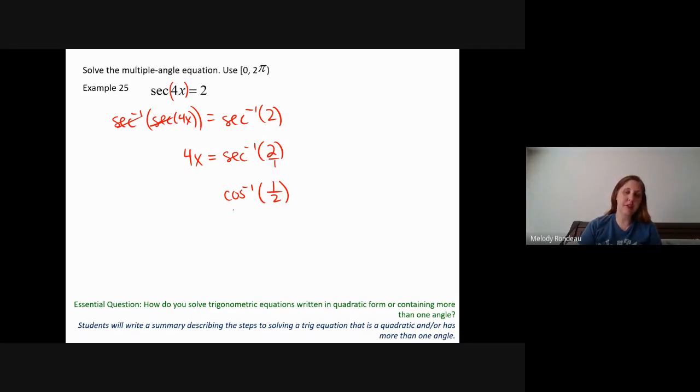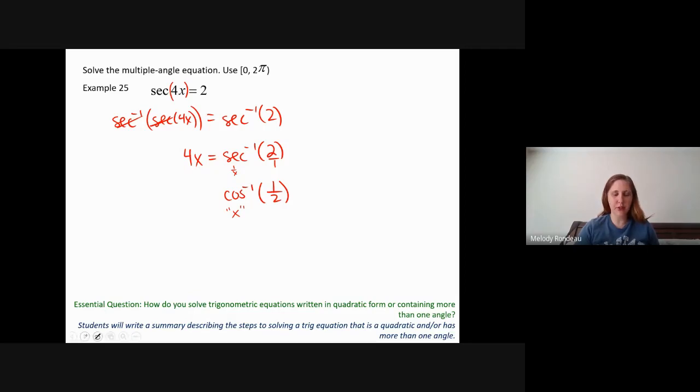It's a little bit easier to do it as cosine because it matches up with the unit circle nicely, because cosine is going to be your x value versus secant is going to be 1 over x. So you have to think about all of your numbers in a different way if you look at it as secant. So I would say use cosine and look for the x value of 1/2. And then we're going to have to go back and figure out what angles those are and so forth.